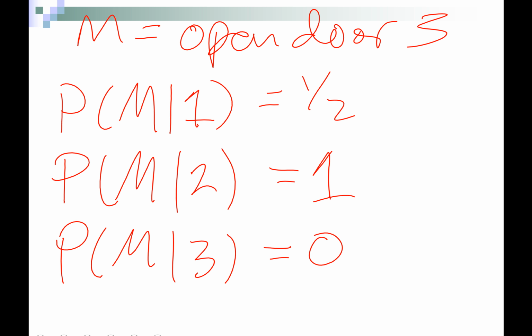Okay, so we want to know then, what's the probability that the money's behind door 1 given that he opens door number 3?